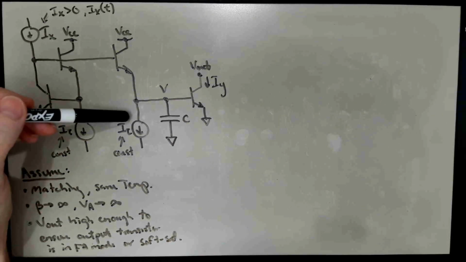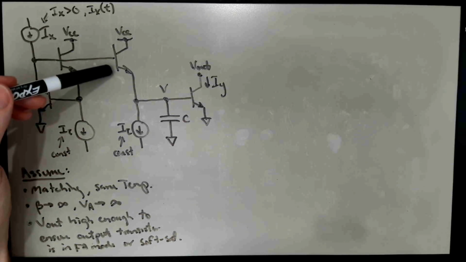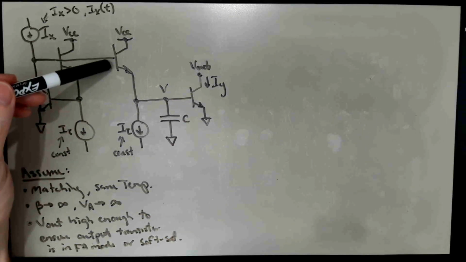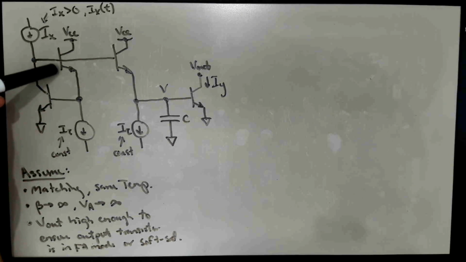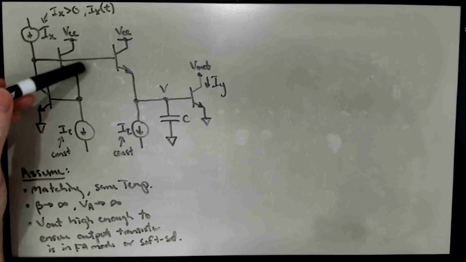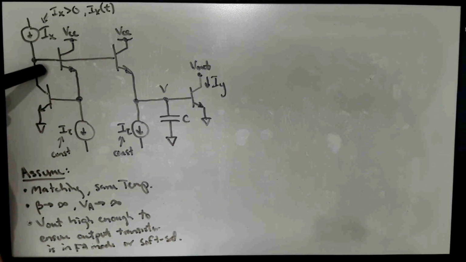They're going to be carrying I tau, so their base emitter junction must be forward biased. In other words, the emitter must be lower than the base in order for that current to come from somewhere. And moreover, the base emitter voltage of this transistor is the amount by which the collector is higher than the base of this transistor down here.